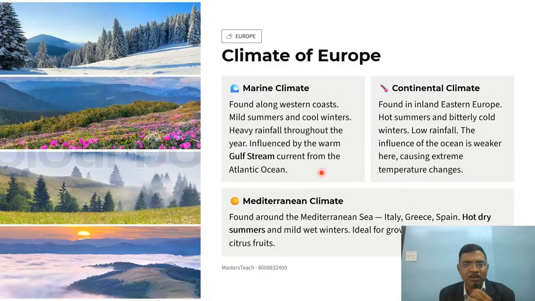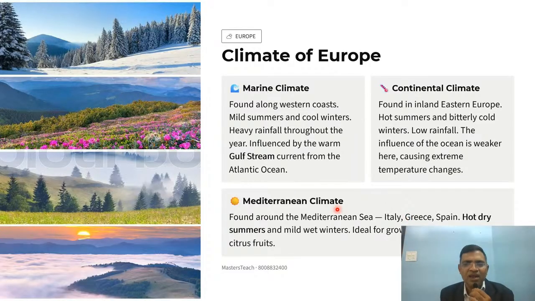It is influenced by the warm Gulf Stream current from the Atlantic Ocean. Continental climate is found inland, like Eastern Europe, with hot summers, bitterly cold winters, and low rainfall. The ocean's influence is weaker here, causing extreme temperature changes.